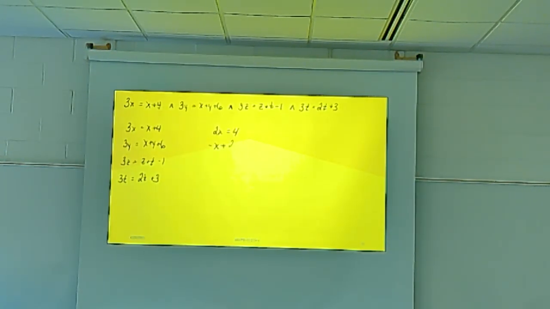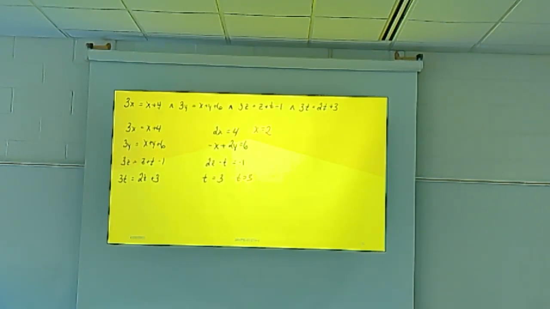Negative x plus 2y equals 6. 2z minus t equals negative 1. t equals 3. Oh, that's nice. Right away, we get values for x and t. x has to be 2, t has to be 3.